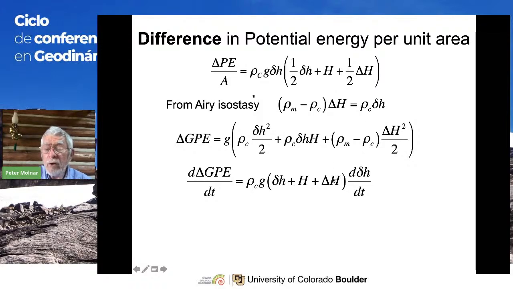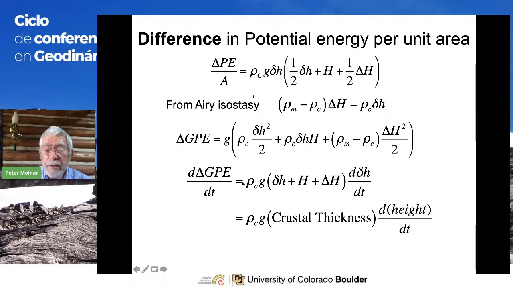And we could linger on this. I don't want to waste time on this, but I think it's obvious that it's not complicated to get from this down to here. And why is that important? Well, this says that the rate of change of the potential energy over time is simply the product of the density of the crust times gravity times the crustal thickness itself times the change of height of the surface above.